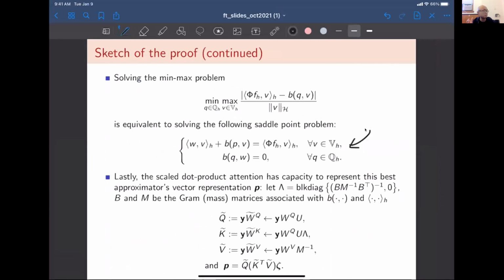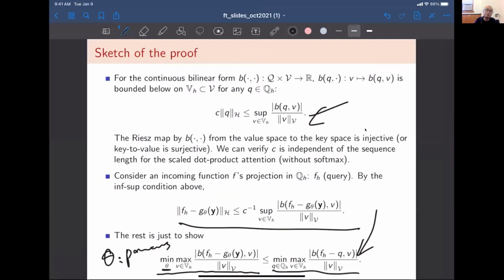By the way, this mixed problem is not as difficult as the Stokes problem, because in the Stokes problem the divergence matrix is not full rank, but here we assume the divergence matrix is full row rank. Once we do that, we can explicitly represent this Petrov-Galerkin approximation by the QKV. And this theta is our nonlinear approximator.